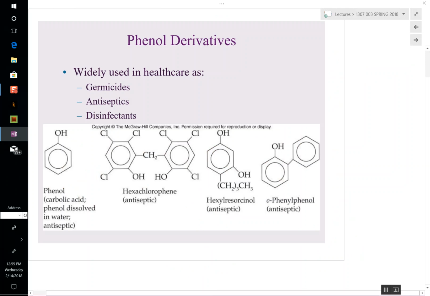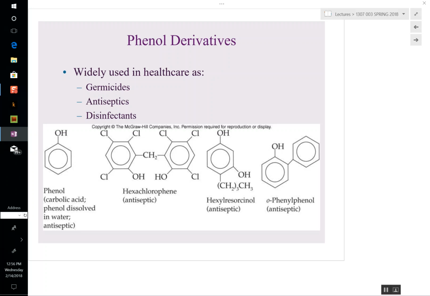So here's phenol. So like I said, make a 3x5 card of this. You don't have to make 3x5 cards of this, but just look at them. Some of these slides are just to be aware. You might have heard of this molecule, hexachlorophene. I'll go get a bottle of hexachlorophene. Oh, what is that? It's hexachlorophene.